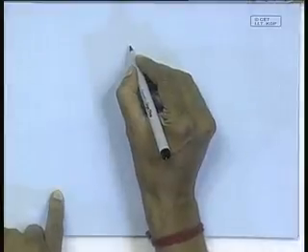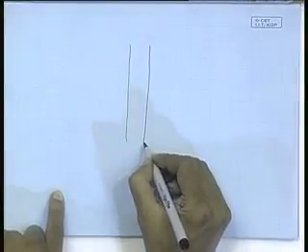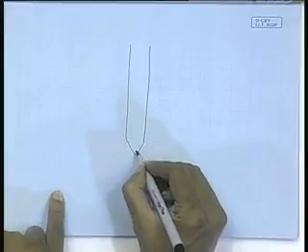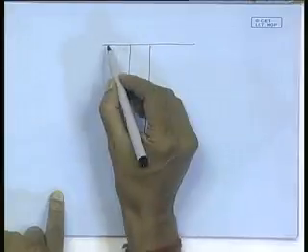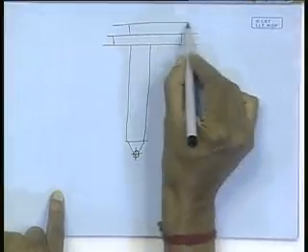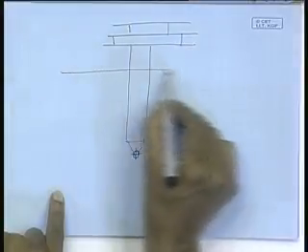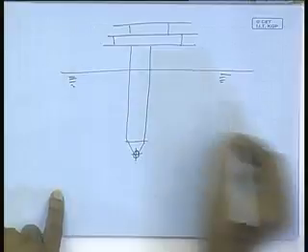So the compliant tower was conceived, and schematically it would look something like this. Suppose this is my sea level, water level.